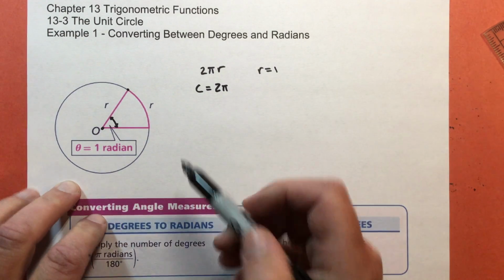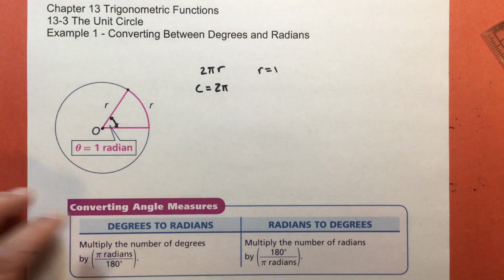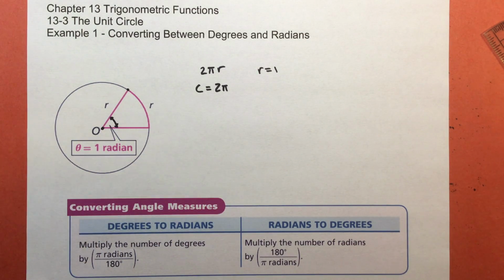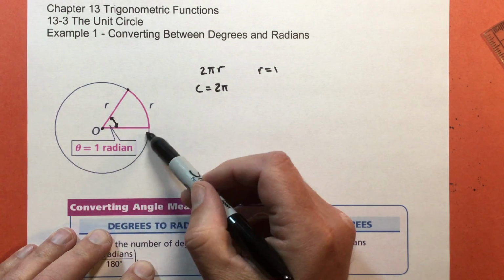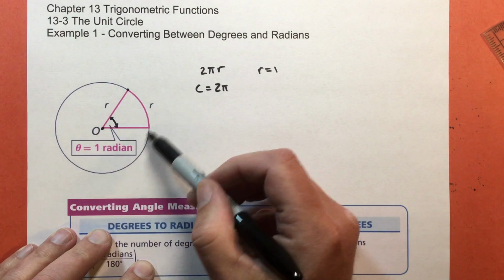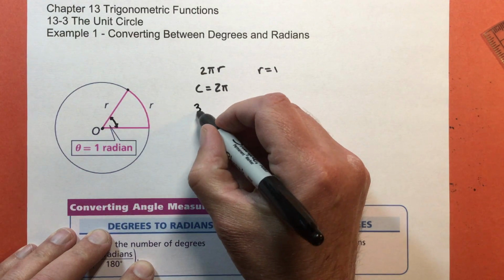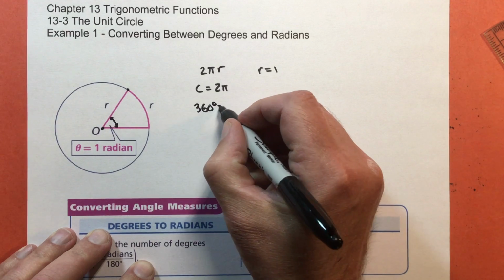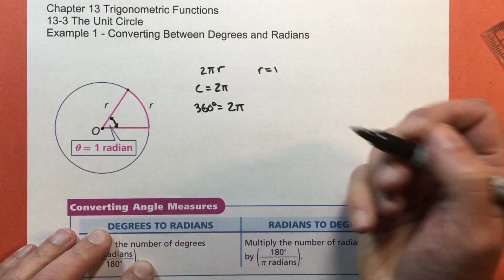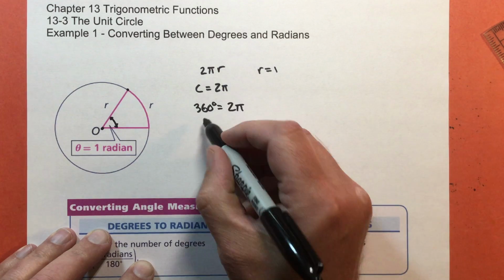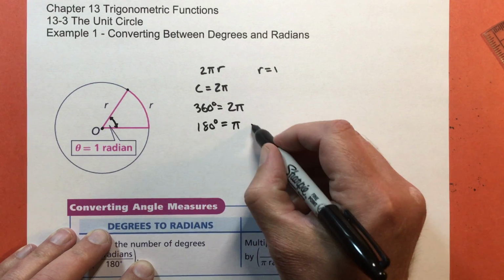Well, that distance translates into the actual radian measure. So we say that the angle that represents the circumference is 2 pi radians. So completely around, 360 degrees equals 2 pi radians. And if I divide both sides by 2, 180 degrees equals just pi radians.